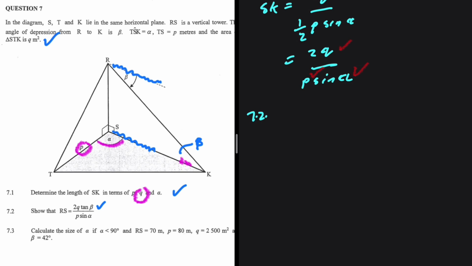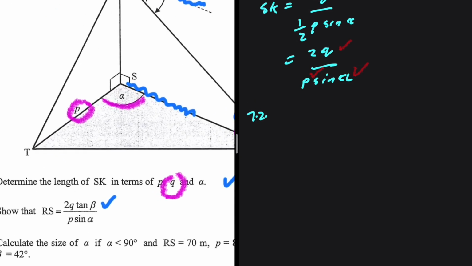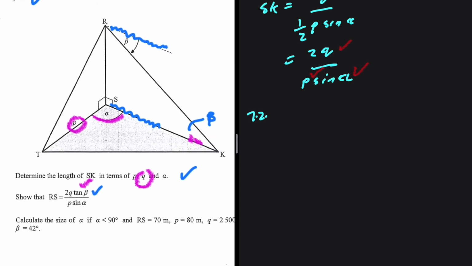If you look at triangle RSK, we have a right-angled triangle, so we can use our trig ratios: tan, cos, and sine. In our solution, we have tan of beta, so it makes sense to start by trying tan and see if we get to the correct answer. Tan theta is equal to the opposite divided by the adjacent.